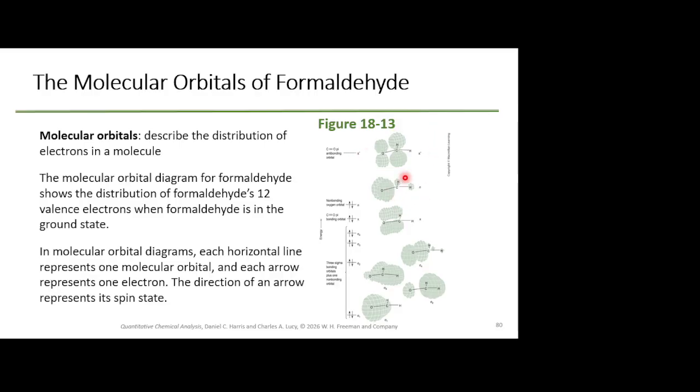This right here is a molecular orbital diagram. Each of the horizontal lines is one molecular orbital. Each arrow represents one electron, of course, and the direction of the arrow is its spin state. Let's say you absorb a photon. It could take an electron from this non-bonding orbital and boost it up into there.